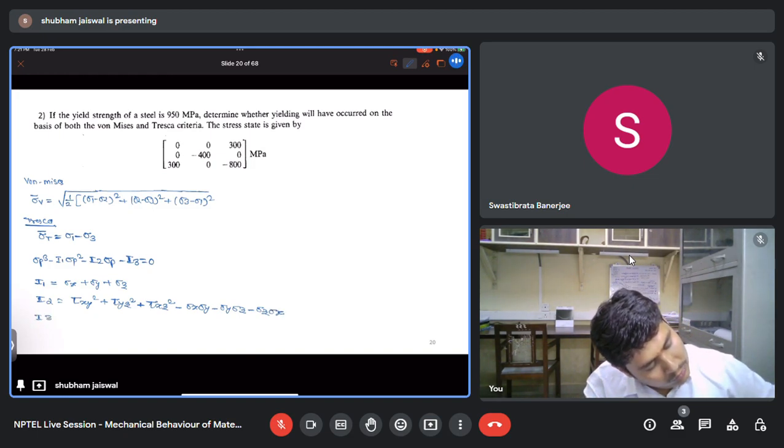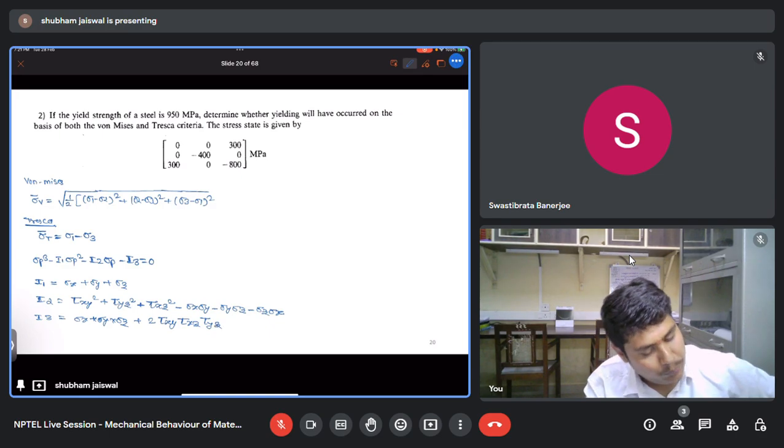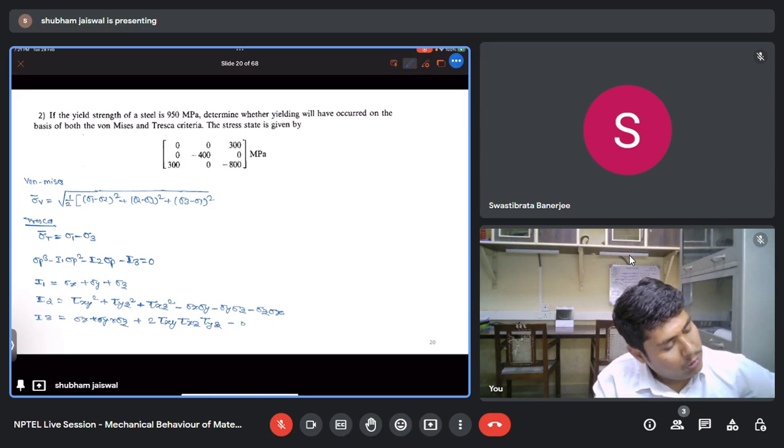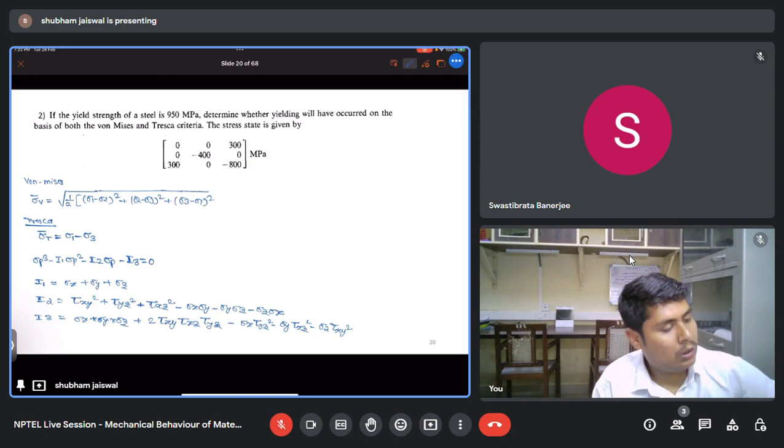And I3 is sigma x into sigma y into sigma z plus 2 tau xy tau xz tau yz minus sigma x tau yz squared minus sigma y tau xz squared minus sigma z tau xy squared.